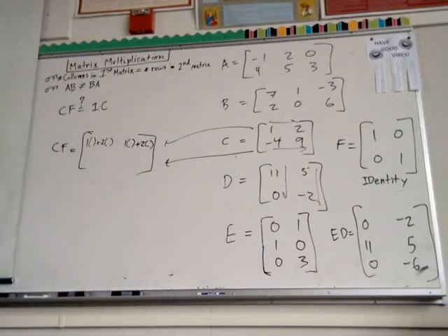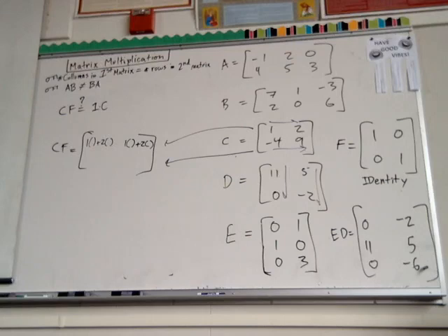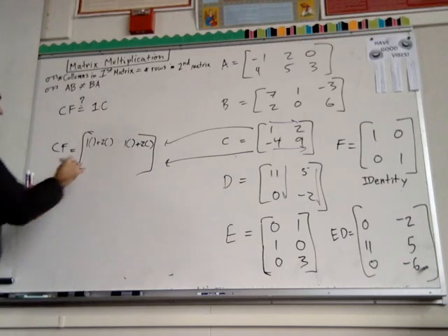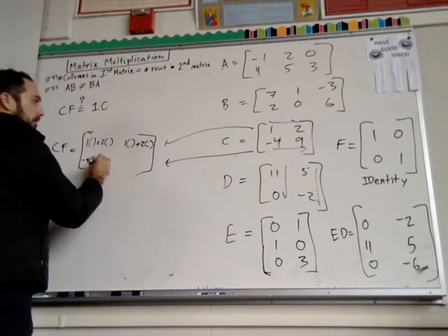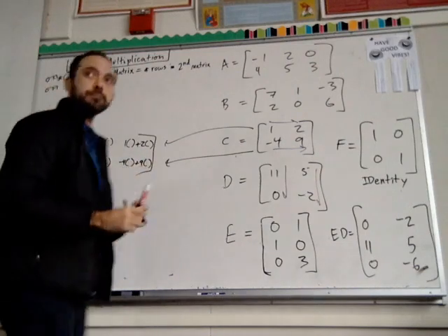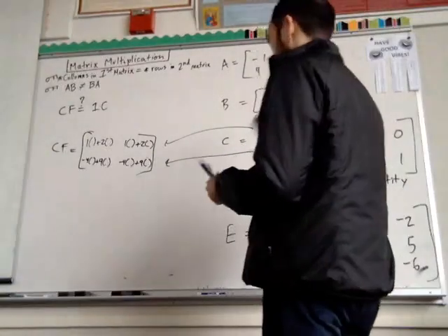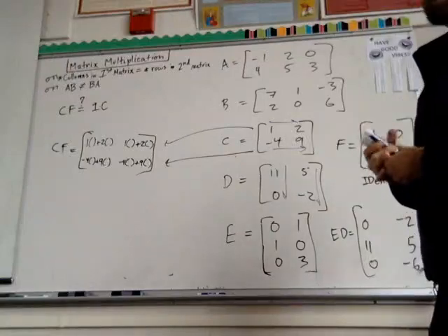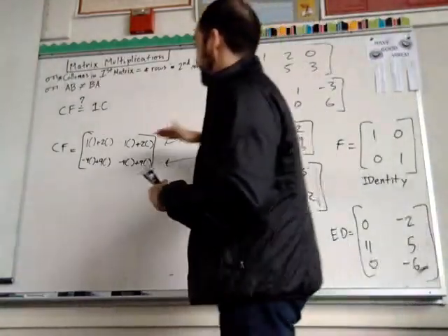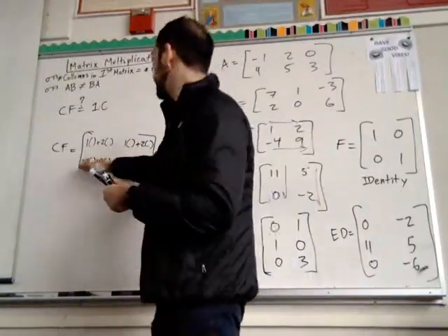Okay. So go ahead and fill out what is CF row 2 going to look like? Right here. What's going to go right here? CF row 2. So I filled it in. Basically what I did was take the row from C, set them up with those 2 entries there. Take this row 2 from C, set it up here.